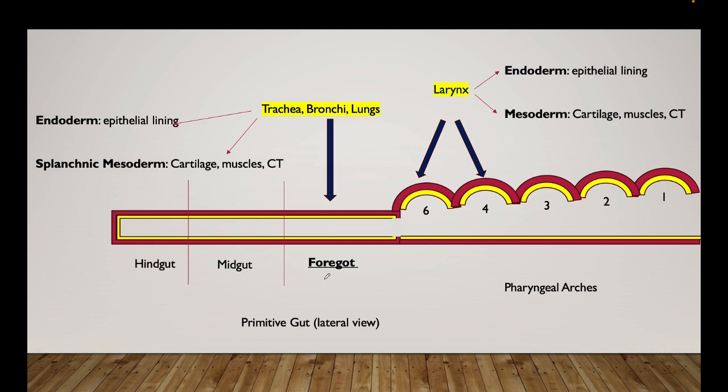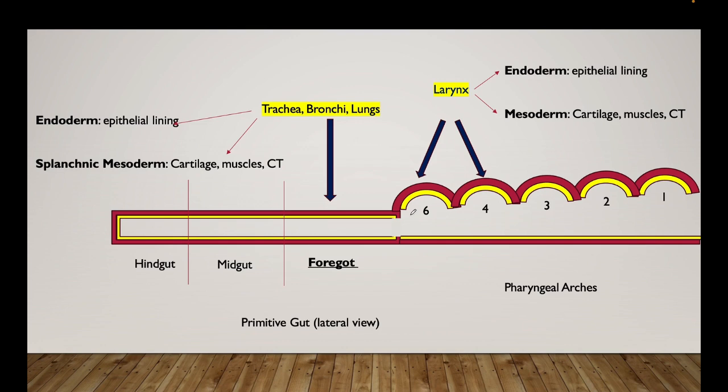We'll focus on the foregut only. بالنسبة للpharyngeal arches, which is at the cranial portion of the primitive tube, there are 5 pharyngeal arches: 1, 2, 3, 4, and 6. You may ask, what happened to 5? 5, it develops initially, but it regresses, leaving us with 4 and 6.